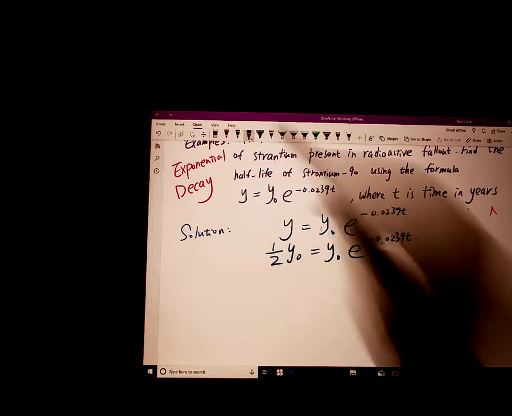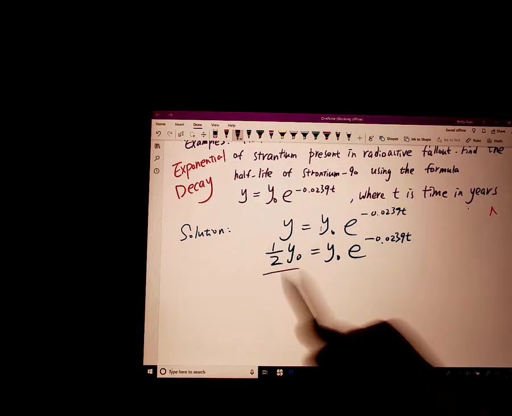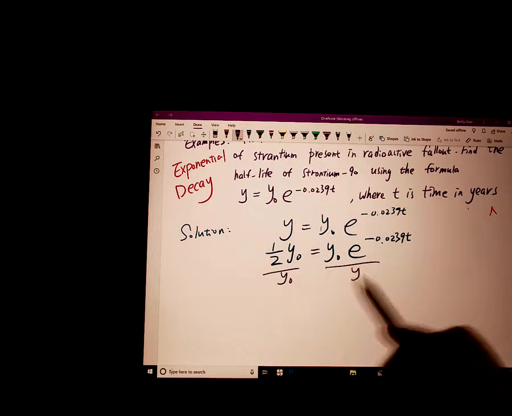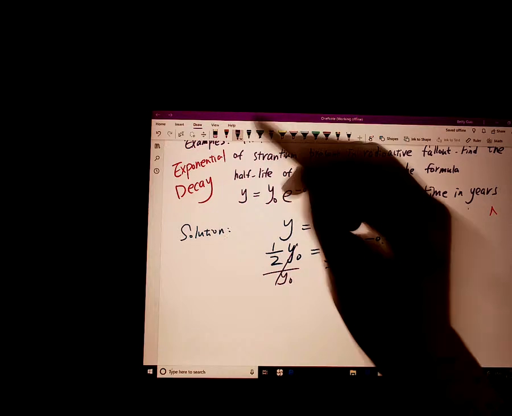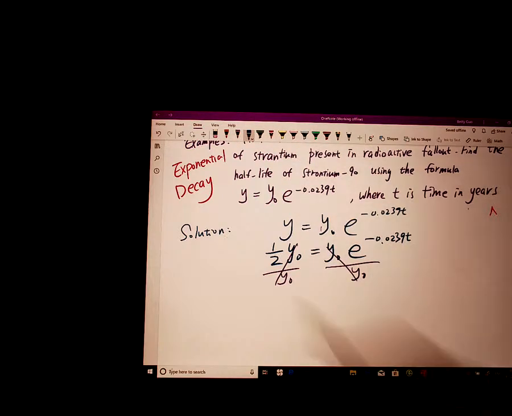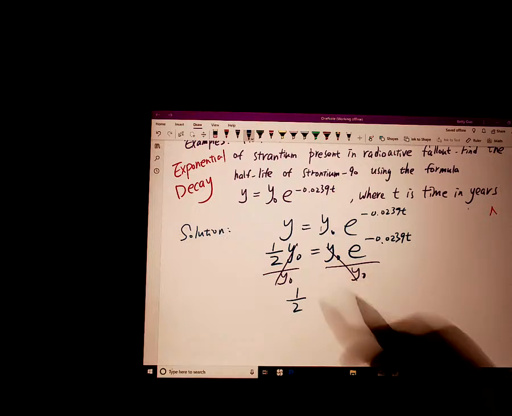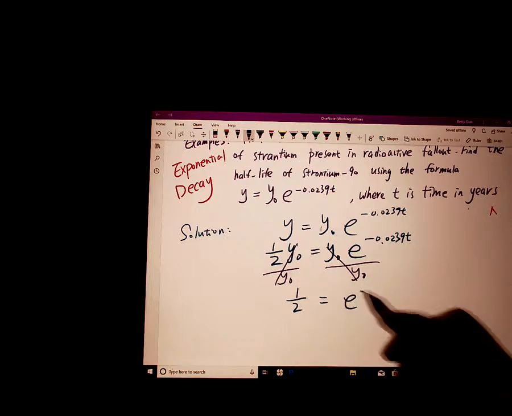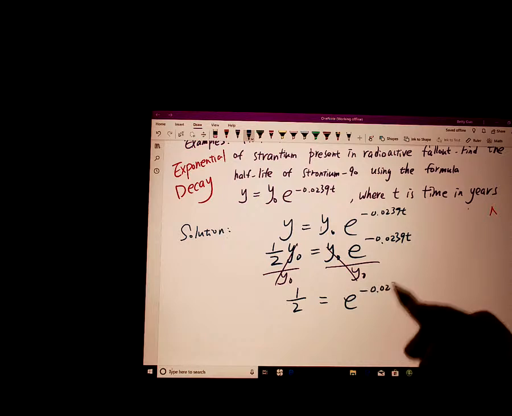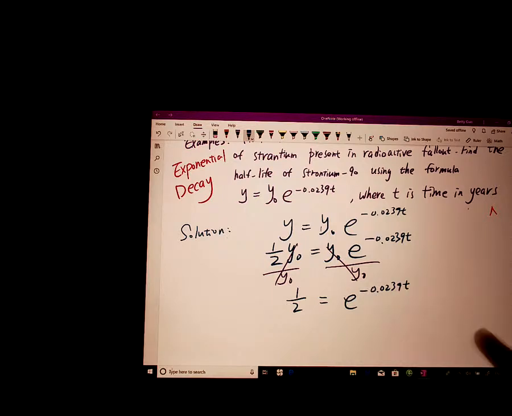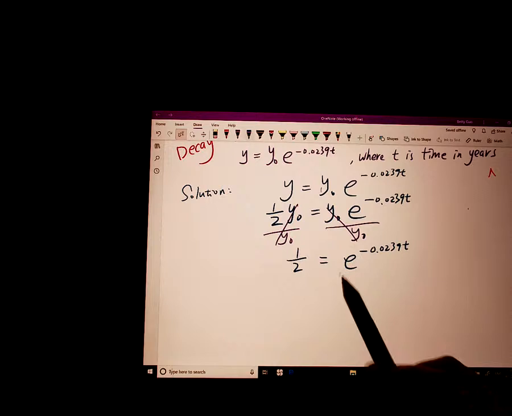If we divide both sides of the equation by y sub 0, y sub 0 cancels out. We don't really need the value for y sub 0 at all. So we have half on the left, and e to the power of negative 0.0239 times t on the right. Again, we are looking at an exponential equation.